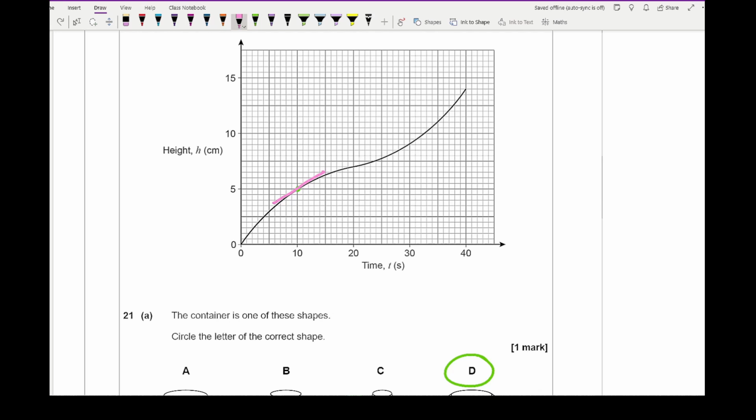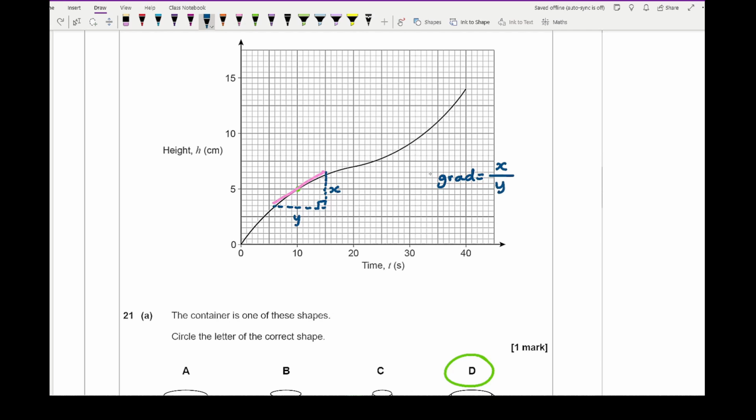Now I always recommend students, whenever you're drawing tangents, move the graph to make it easier for you to draw that tangent. Then from that, what you then want to do is turn it into a right angle triangle, and work out using the scale that's being used that the gradient is going to be equal to x over y.